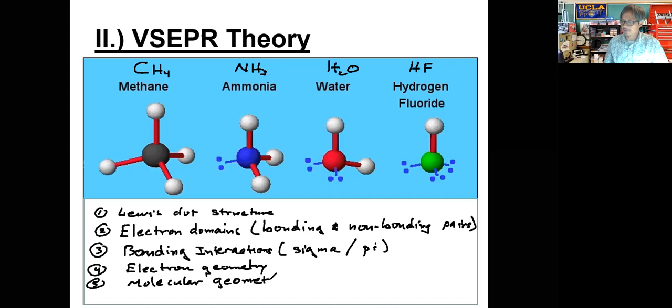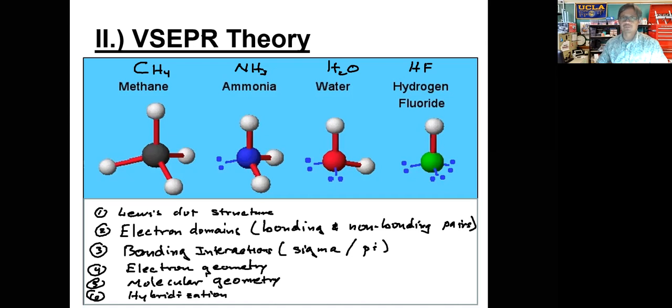And then finally, you want to be able to describe the hybridization. And this will give a very complete description, for the most part, of the molecule itself. So if you can describe a molecule in these 6 ways, you will give a very thorough description of the molecule.